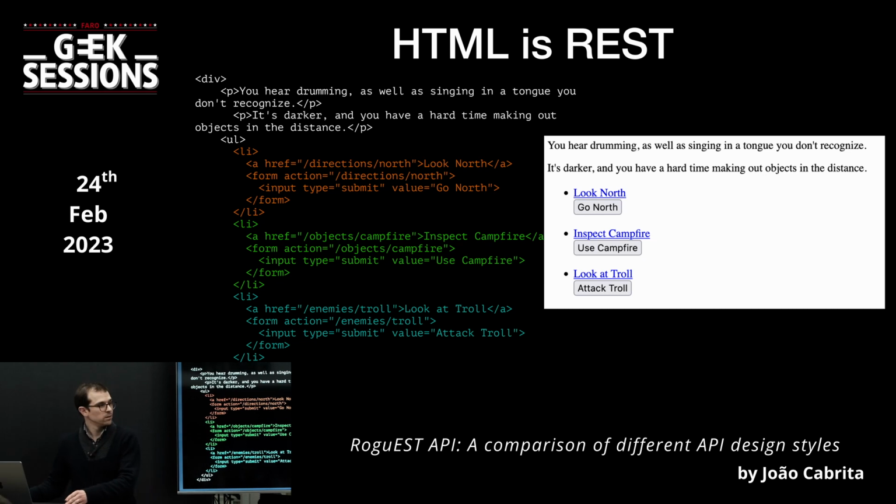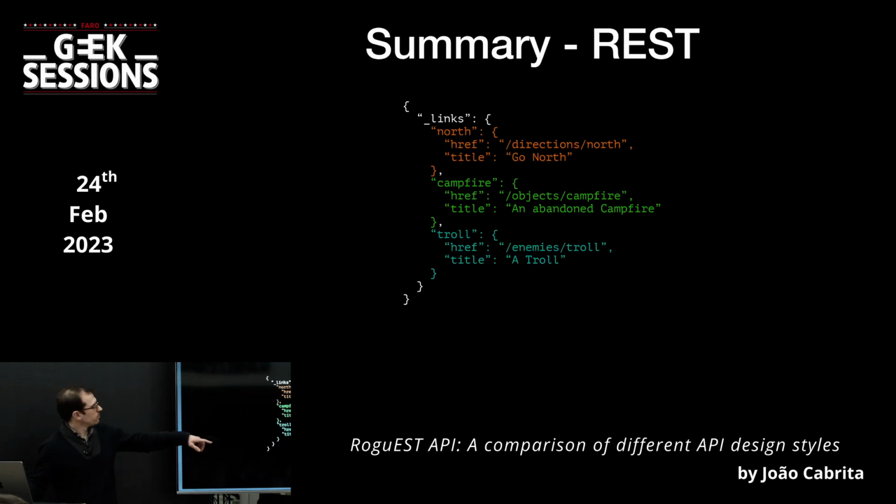Do you have a title for get and another title for the post request? Yeah, so for example here, I have the buy link. Does the API give you that title? The API can do whatever you want. I think what he's saying is, can you go back one slide? Here, you know there's a troll, but you don't really know that the troll is an enemy and what you can do with it.